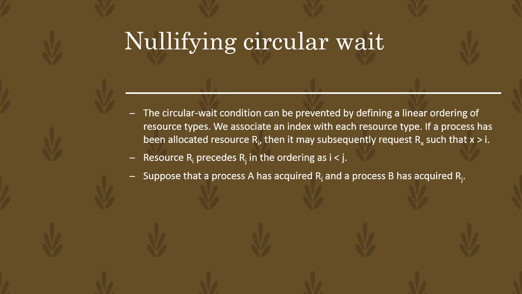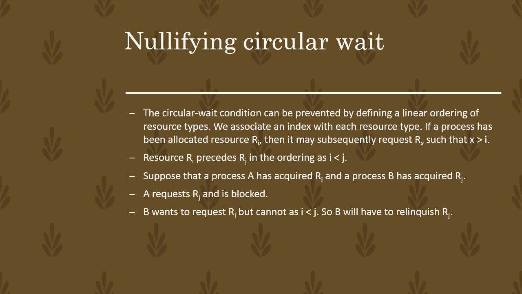Suppose that a process A has acquired Ri and a process B has acquired Rj. A requests Rj and is blocked. A can make this request because it has Ri and wants Rj. B wants to request Ri, but B cannot make this request because it has Rj.